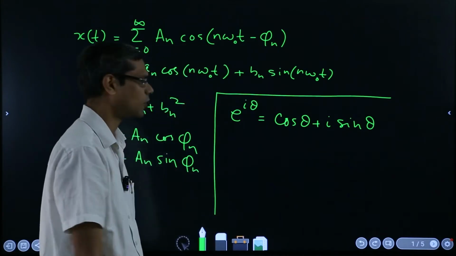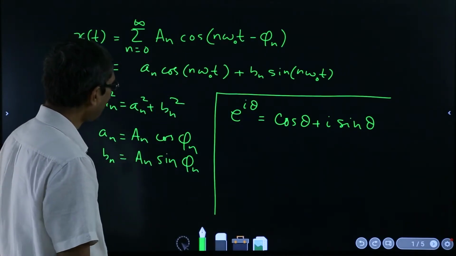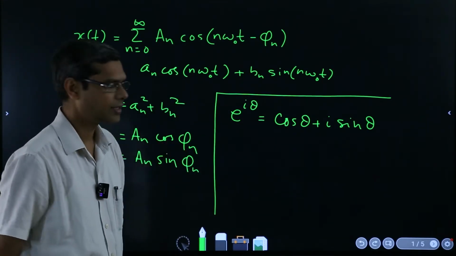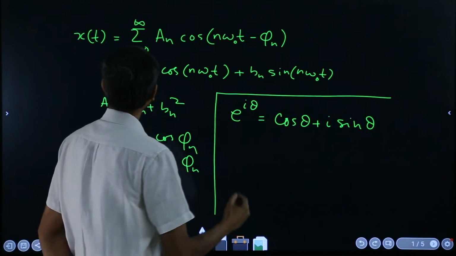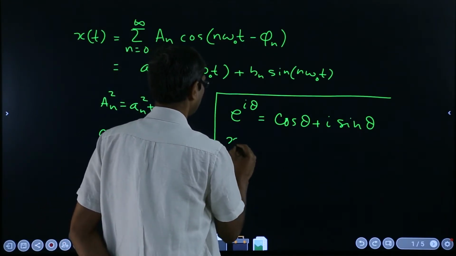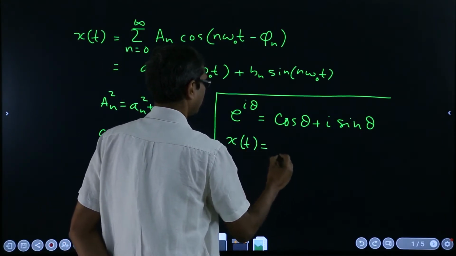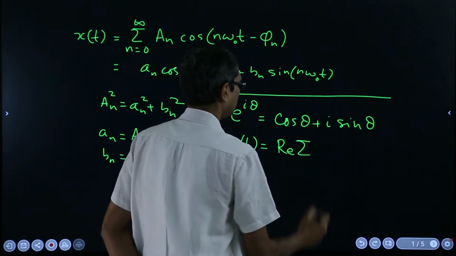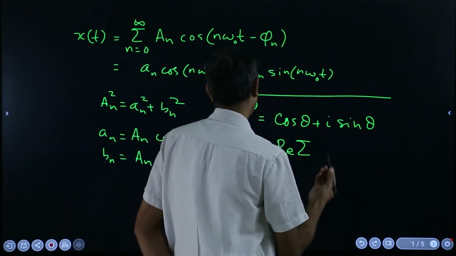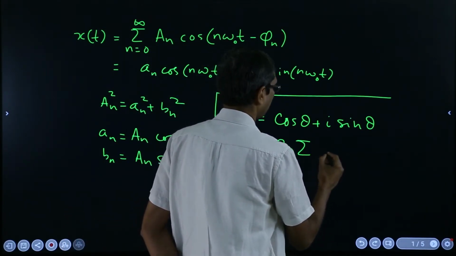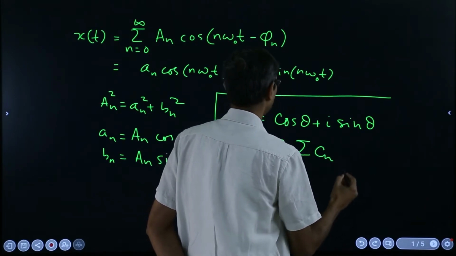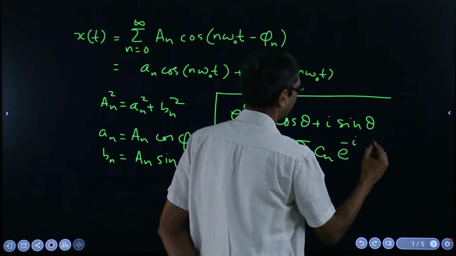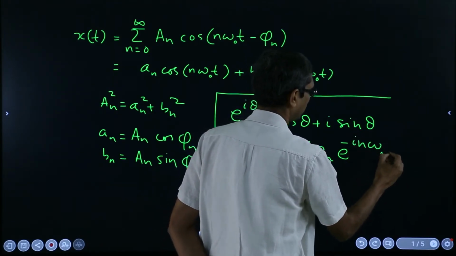So, that is the Euler's formula, and that we can use to write these things in a slightly different form, and that is if I write x of t is equal to the real part of, I will take summation of Cn and e raised to minus i n omega naught t.